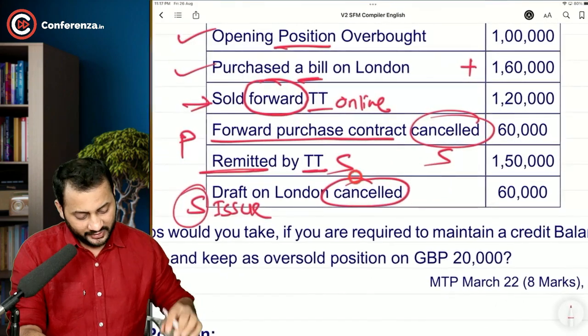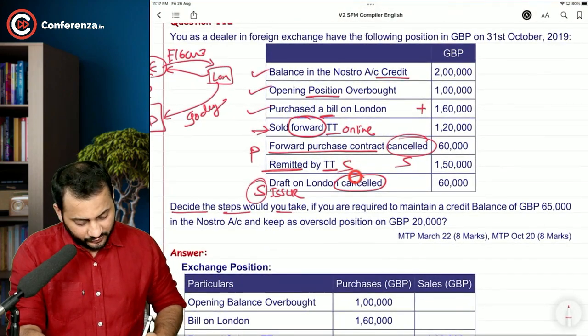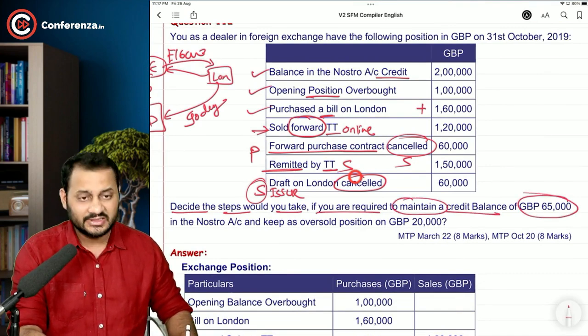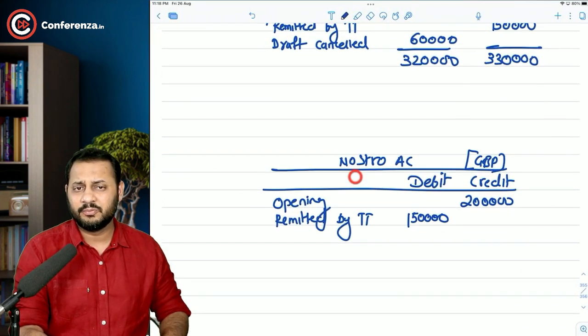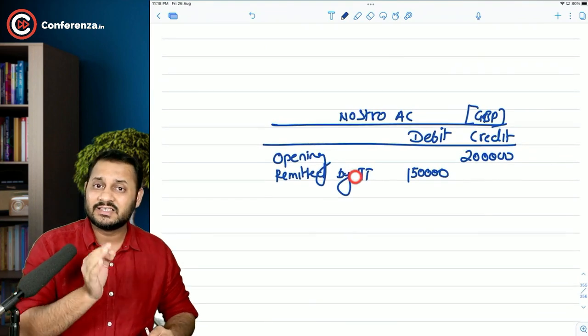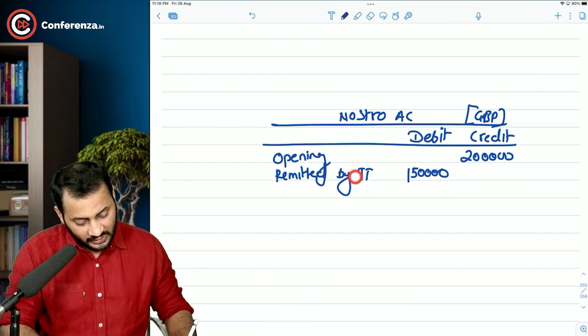Okay. Now what is the question asking us? Decide the steps you would take if you are required to maintain a credit balance of GBP 65,000. How much is the current balance of GBP in the Nostro account? 50,000. How much balance is required? 65,000. How much more money should be credited? 15,000.